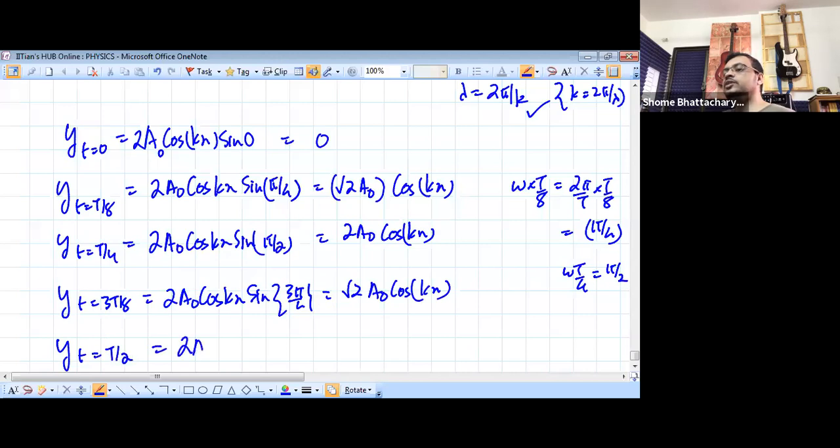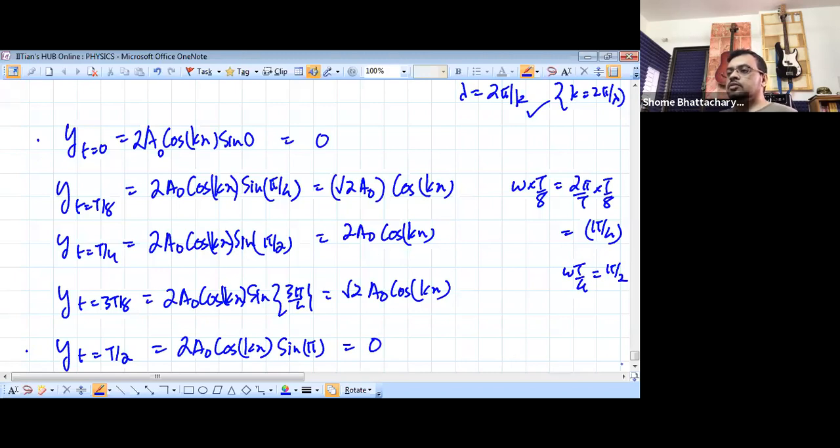So this becomes 2a naught cos kx sin pi. So that is nothing but 0. For example, in half a cycle, going from 0 to T by 2, we can see how the shape of the medium is changing. We plot this next and you'll see.